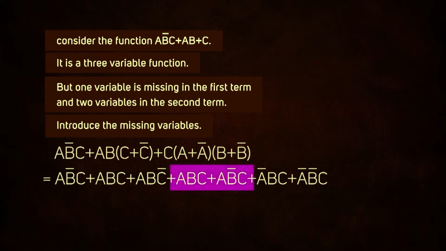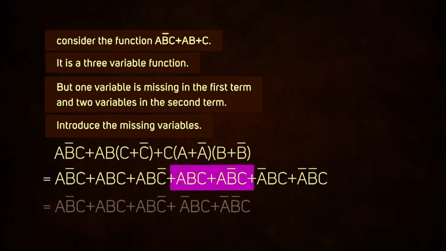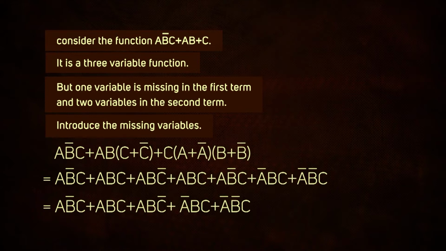Remove the redundant terms. Then we get A B complement C plus A B C plus A B C complement plus A complement B C plus A complement B complement C. This is the standard sum of products expression equivalent to the given expression A B complement C plus A B plus C. Then map this standard expression to the Kmap for minimization.